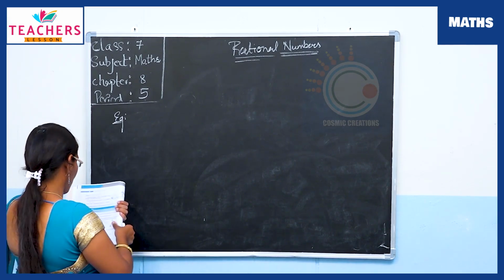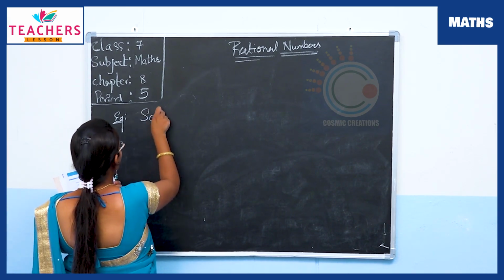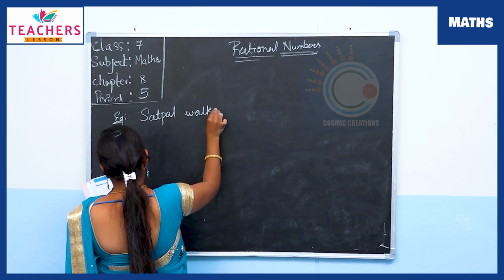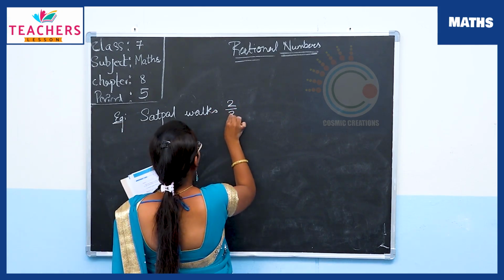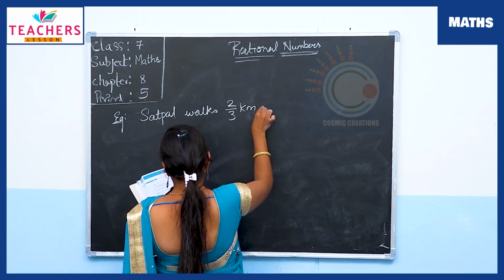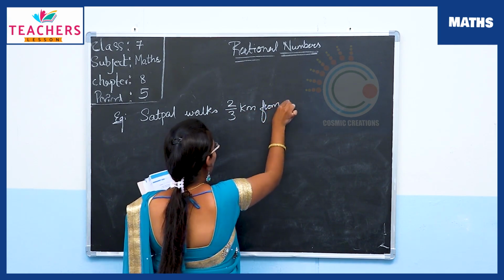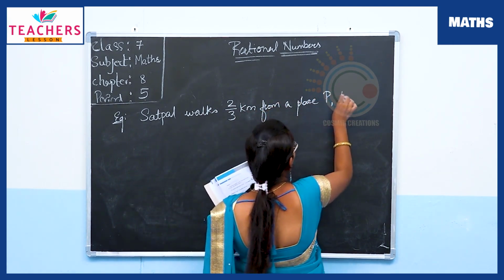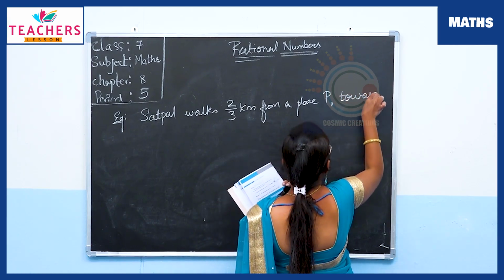Okay. So Satpal walks 2 by 3 kilometer from a place P towards east.